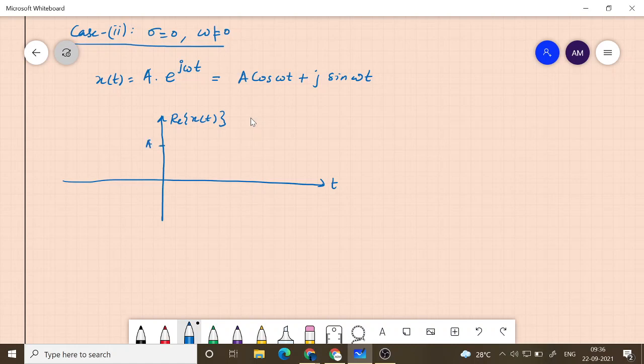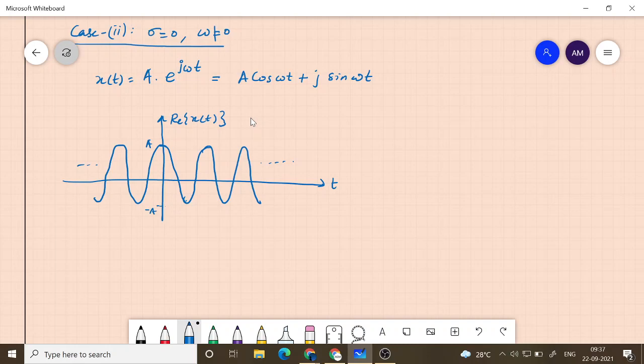And then cos omega t means it will just oscillate between minus a and plus a, like this. Okay, so this is the plot of the real part.